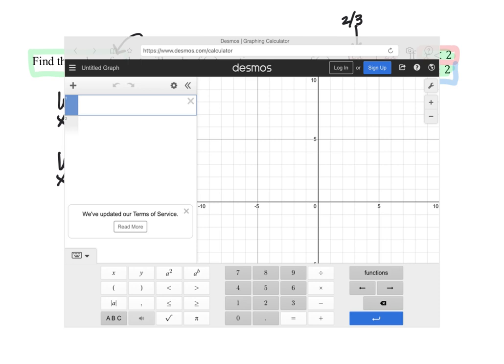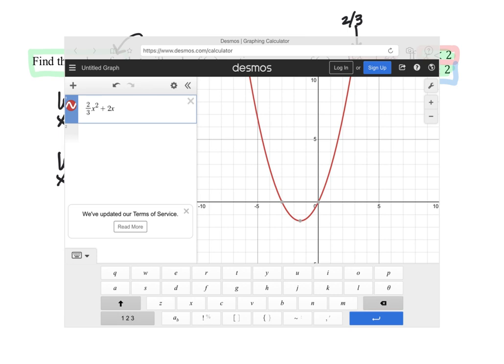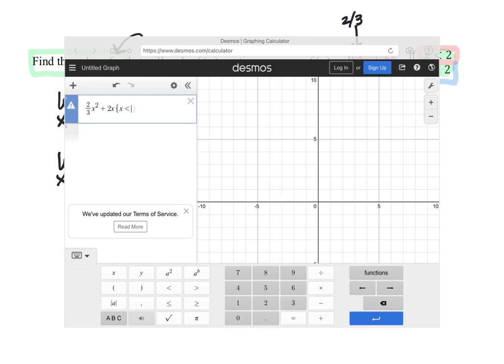Let's graph our piecewise function. So we have 2/3 x squared plus 2x as our first piece, which is a parabola, but we're going to restrict the domain of this piece. So we need to find the curly brackets, which would be right here. And we only want the x values that are less than 2 for that first piece.